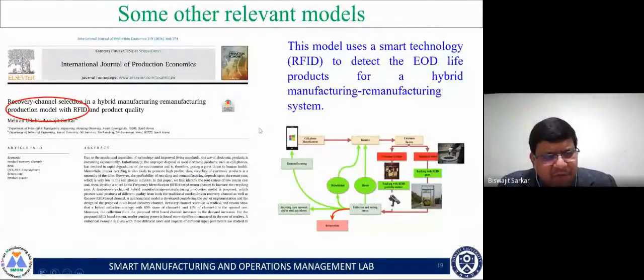We published a paper last year, in IJP, that considered end of life products with RFID and the same cloud server consideration, using the cloud server to save all data, such that the big boss who maintains the companies, and the people in the R&D sector, can have the data instantly.